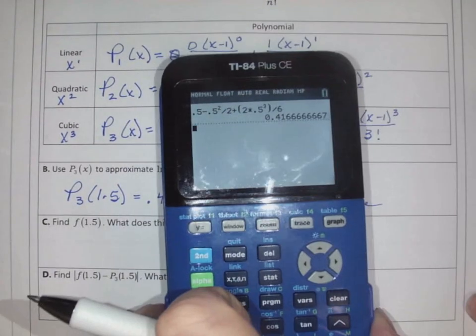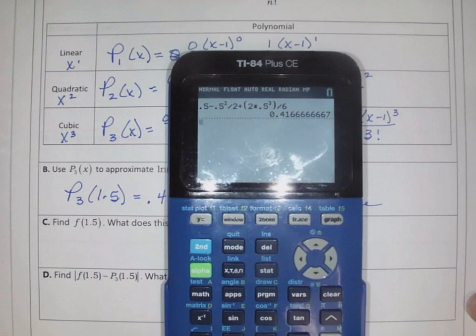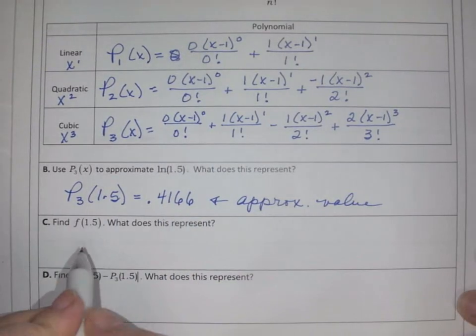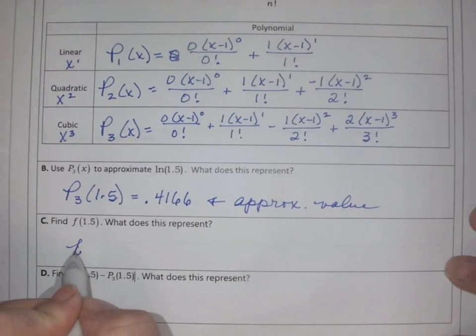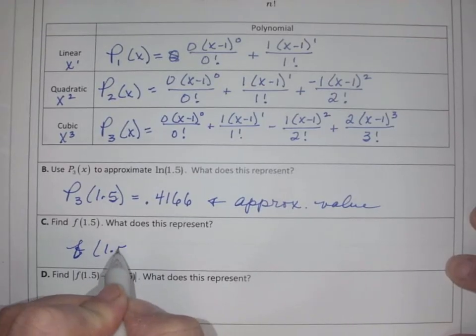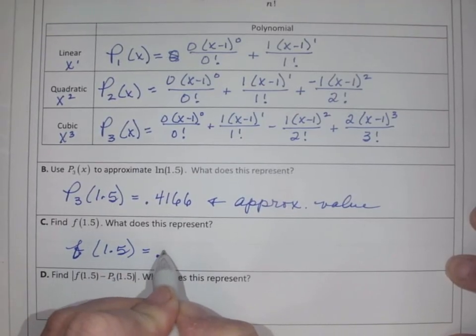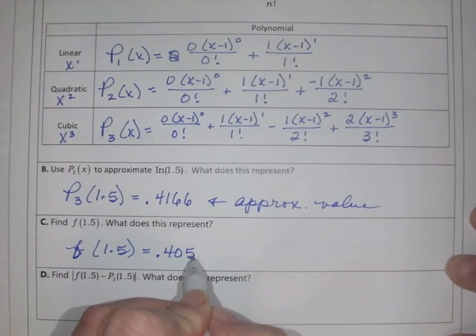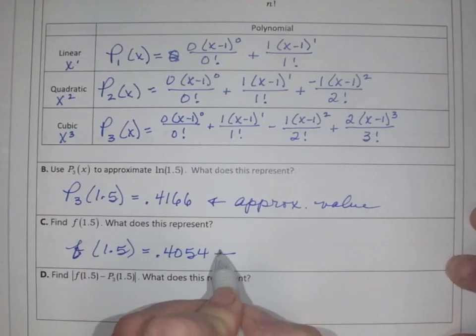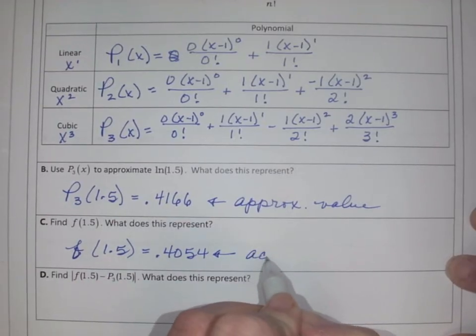So remember our function was natural log of x, so we're going to do natural log of 1.5. And we're going to get 0.4054. So f of 1.5 is equal to 0.4054. And what does this represent? This is the actual value.